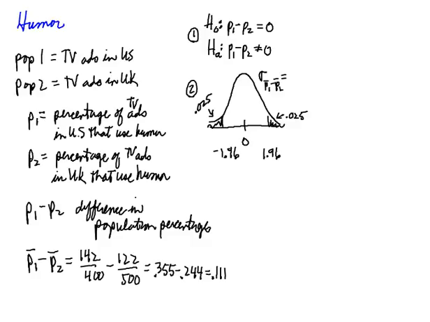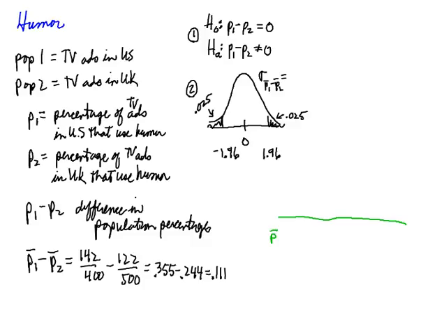So I need to calculate a weighted average and then incorporate that into my standard error formula. Now I'm going to go off to the side and do that, but all of this following work here is just trying to get that standard error for the differences. So let me go down here at the bottom. There are 2 formulas for this.